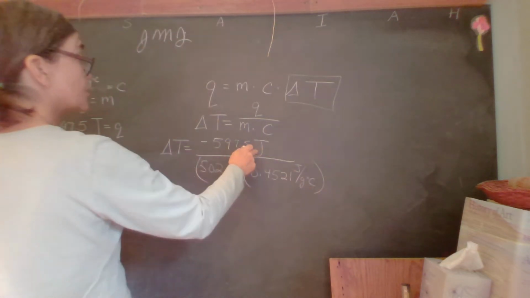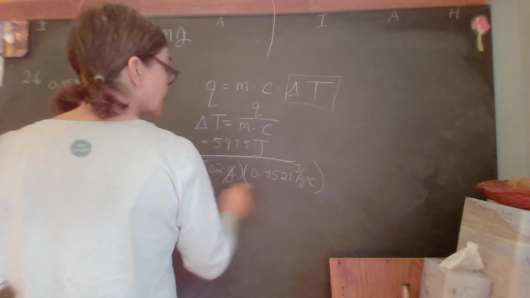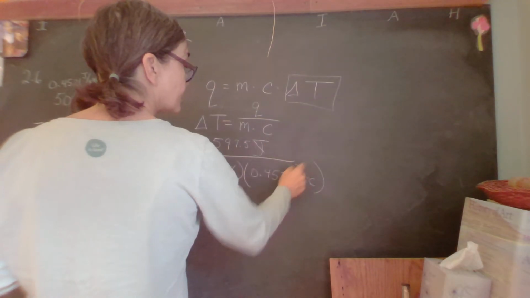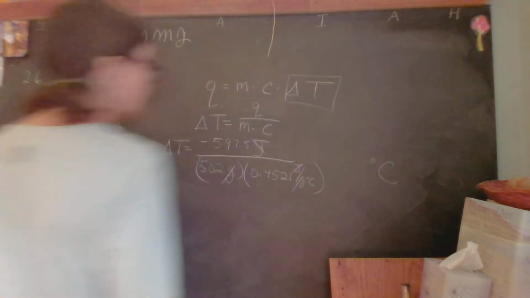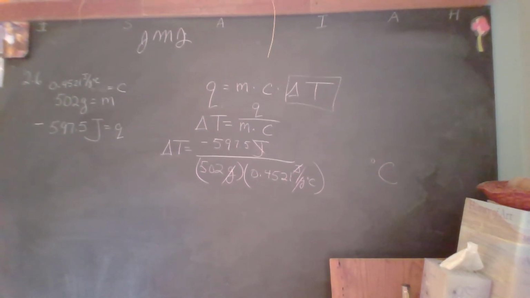Sorry, this is just the energy. Okay, so using our math skills, get rid of those units. We're going to end up with something in degrees Celsius. And I'm going to allow you a moment to use your calculators while I run and grab mine. I've performed this equation already.